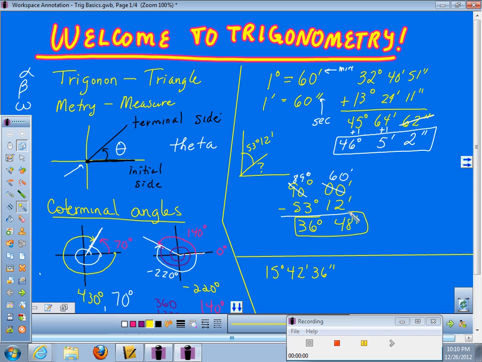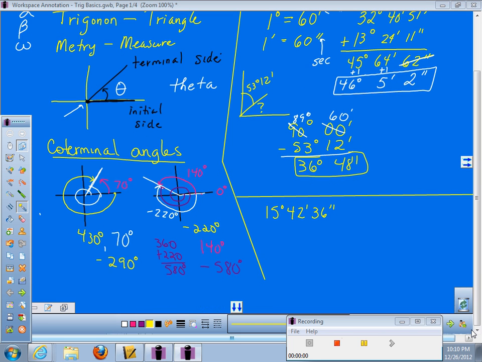Now that also leads us to the question of, can your calculator do degrees, minutes, and seconds? And sure it can. You'll discover you have an angle menu. Your angle menu has the degree and minute symbols in it. It is under Second App.